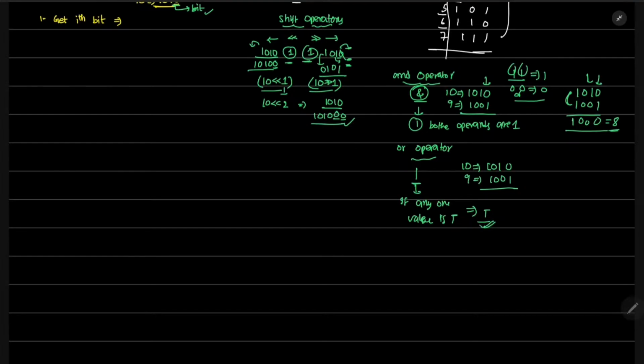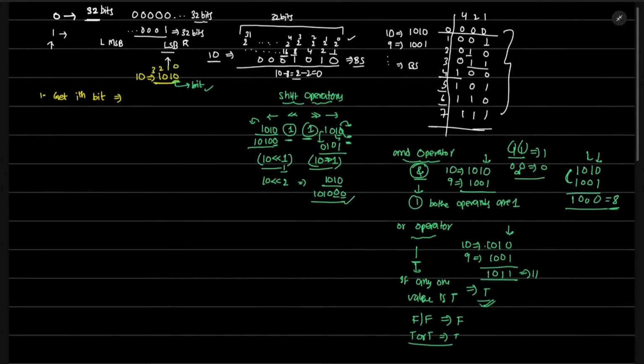Or you can say, if both values are false, then only it will be false. So 0 or 1 is 1 because we have at least one. 1 or 0 is 1, 0 or 0 is 0 obviously. 1 or 1, we have 2 ones, we need at least one, so it is 1.